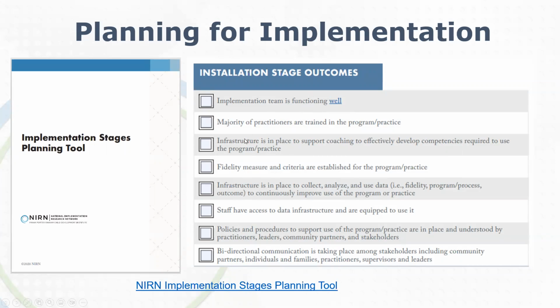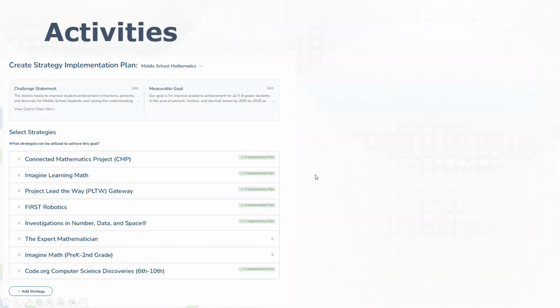Do we have that lateral and horizontal communication, policies and procedures in place, right? Does the staff have the things they need to bring this strategy to life, and so forth? So things to consider. I would have you hit this link. This document is so helpful to help with implementation.